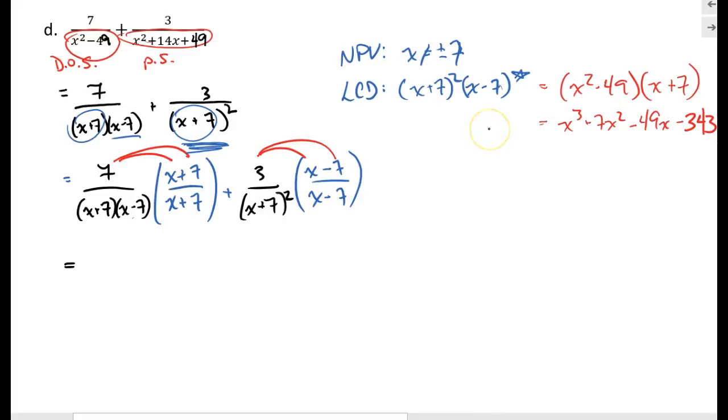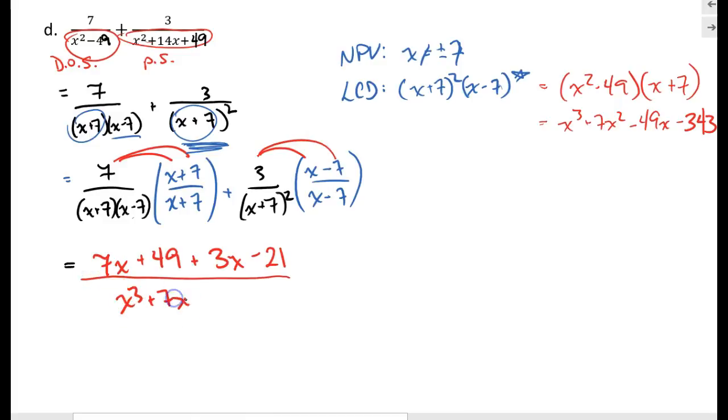So that's my denominator. So you can FOIL it out. It is possible. Okay, in addition, I'm going to expand these guys and distribute. So what I'm going to have is 7x plus 49 plus 3x minus 21, all divided by x cubed plus 7x squared minus 49x minus 343.